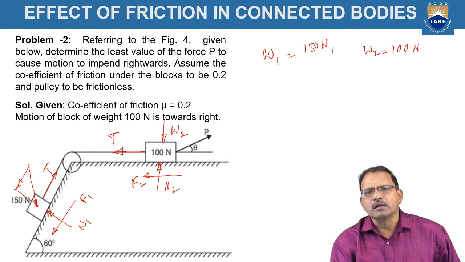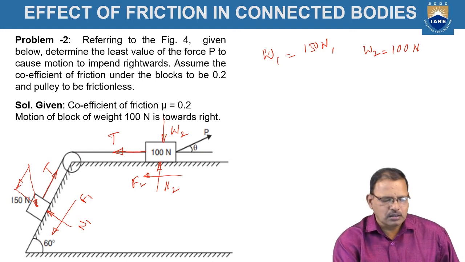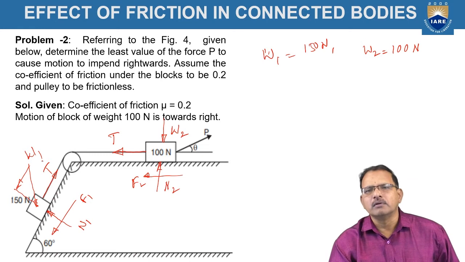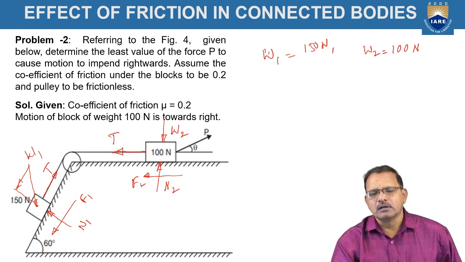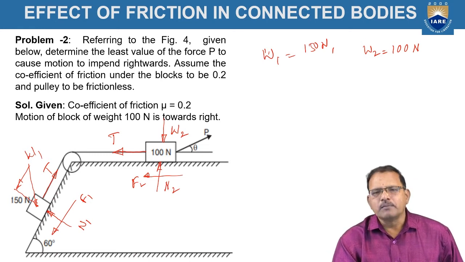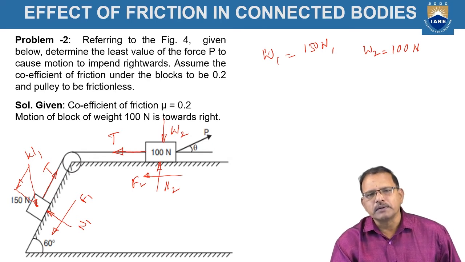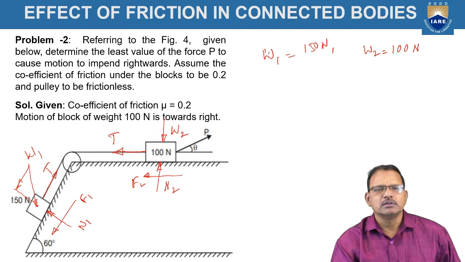Now, when writing the equilibrium equations for the body W1, since the forces are concurrent, only two equations are applicable: sigma Fx is equal to 0, sigma Fy is equal to 0.